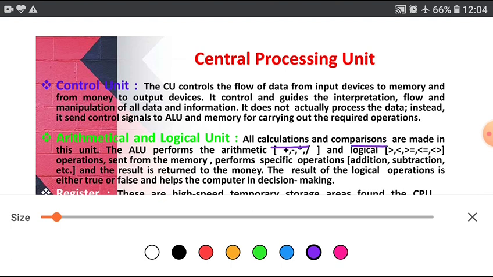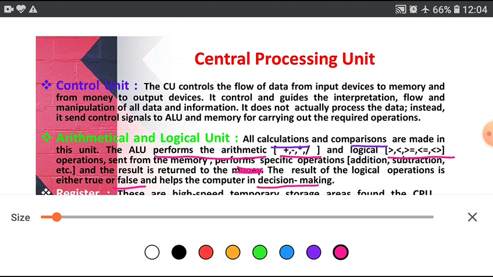ALU performs the arithmetical and logical operations sent from the memory, performs a specific operation, addition, subtraction, etc., and the result is returned to the memory. The result of a logical operation is either true or false. It helps the computer in decision making.